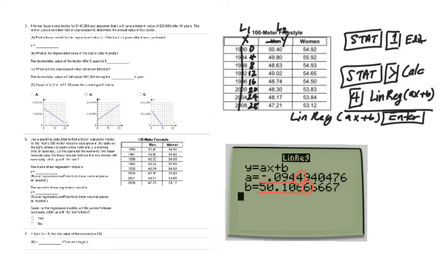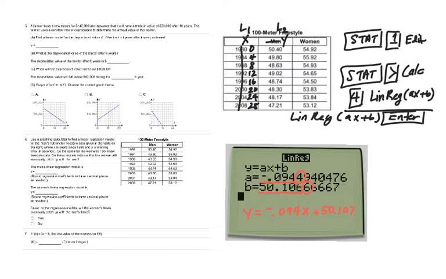So we'll round that up. So our model will be y equals negative 0.094x plus 50.107. And this will be the regression model for the men's time.